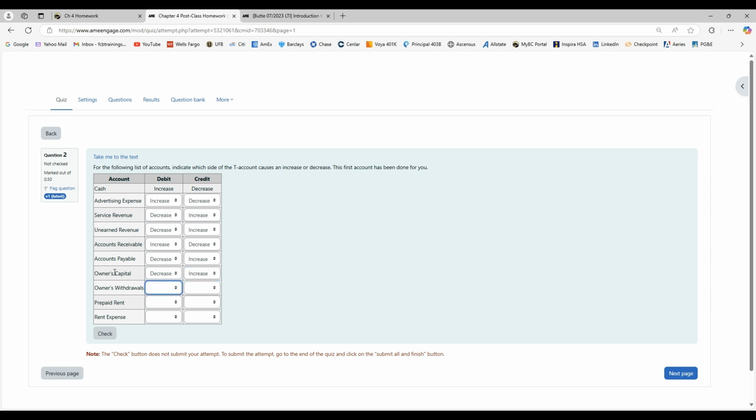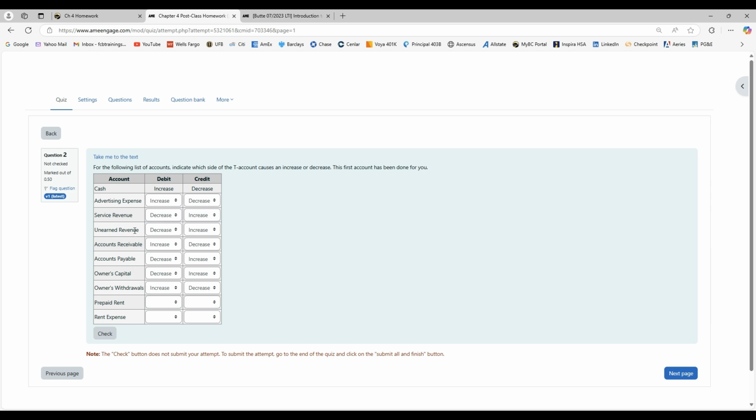Owner's withdrawals, which decreases capital, kind of has the opposite effect there. So we're going to decrease with a, let me make sure I got this right. Decrease with, yeah, that one's a little confusing because we're going to increase the withdrawals with the debit, which decreases capital.